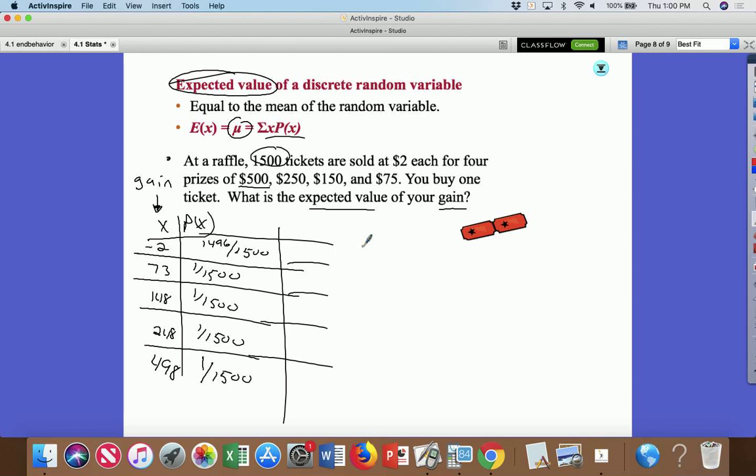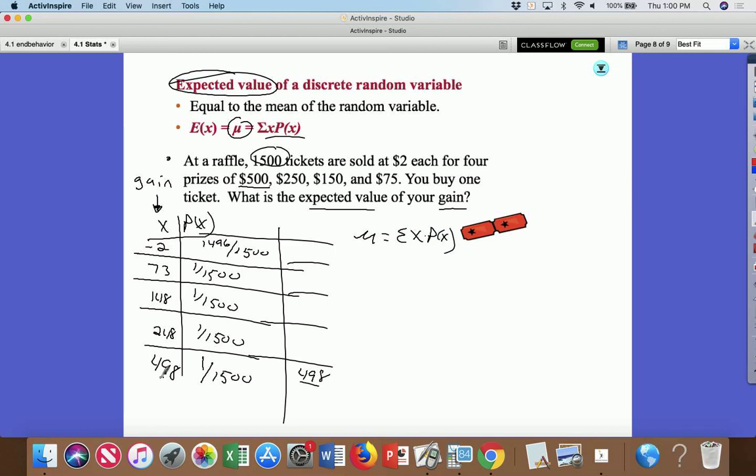So again, we could put that all into our calculator in list 1 and list 2 and do it out. I'm just going to do it manually, okay, when they're fractions and it doesn't work out too bad. I'll do the math for you. So this times this, right? Remember that the mean is the sum of x times p of x.